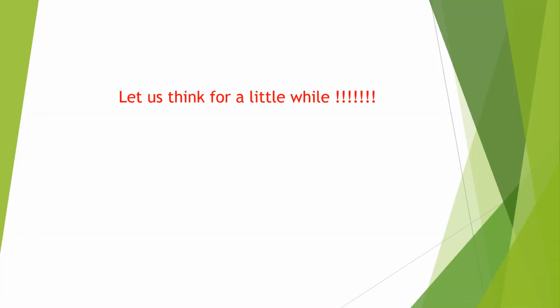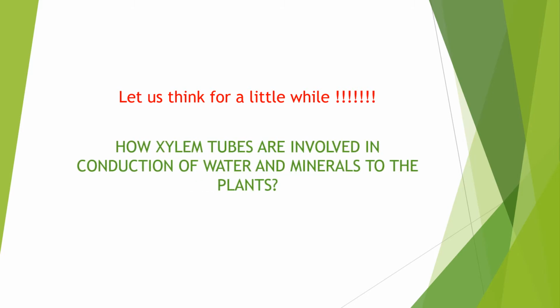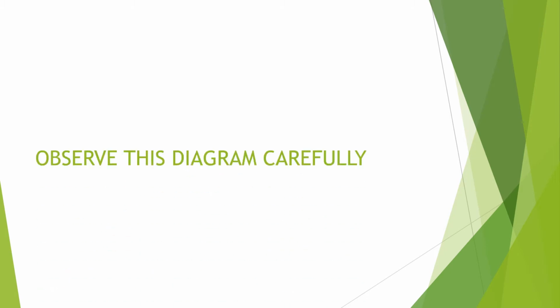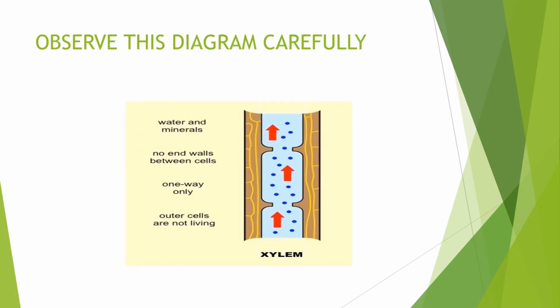Let us think for a little while. How are xylem tubes involved in conduction of water and minerals to the plants? Observe this diagram carefully. This is conduction of water and minerals by xylem.